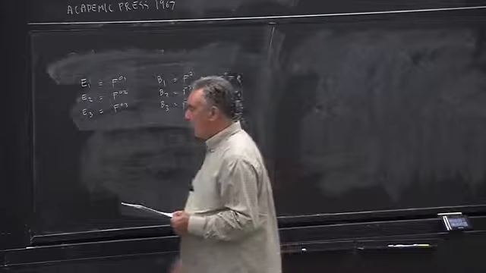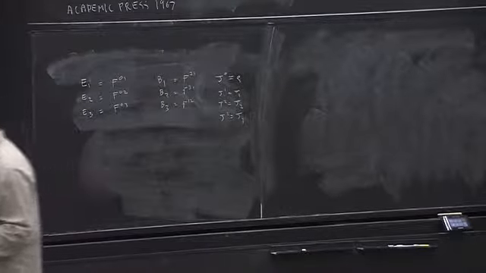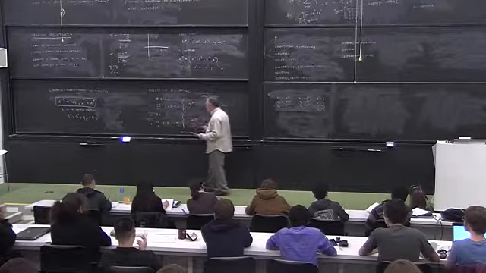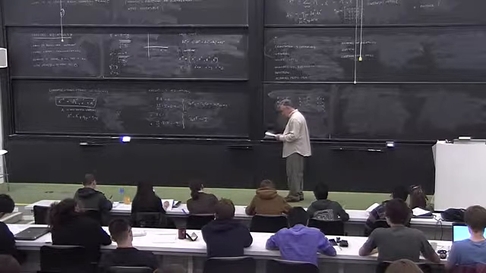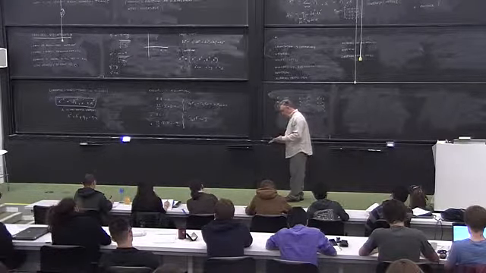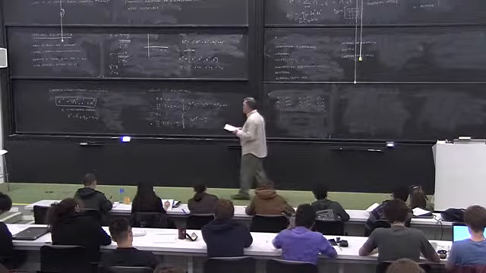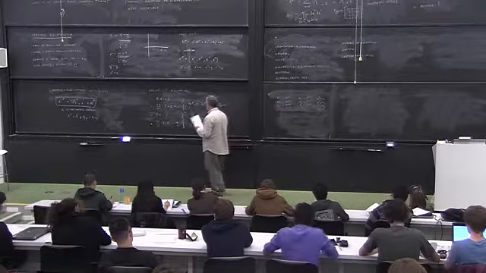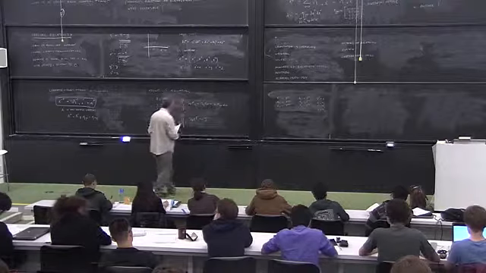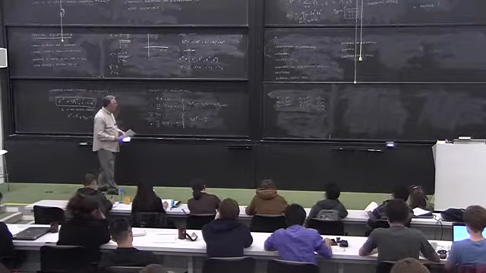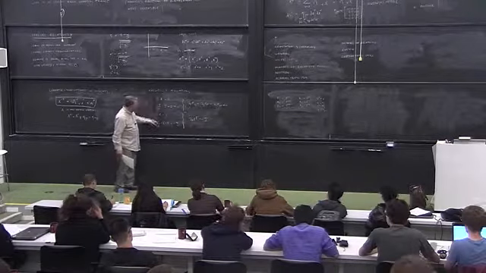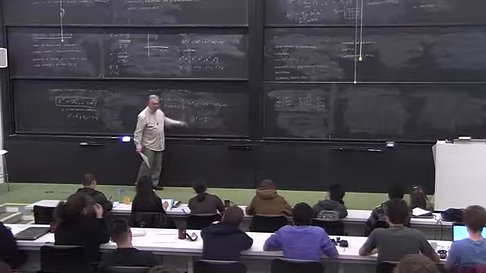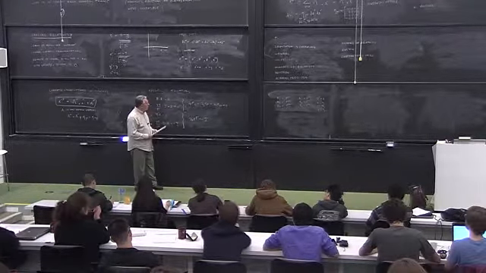I had the source with an upstairs index here and a downstairs index here, but they're the same thing. So you can verify that Maxwell's equations, which look a bit complicated here, look simpler here.